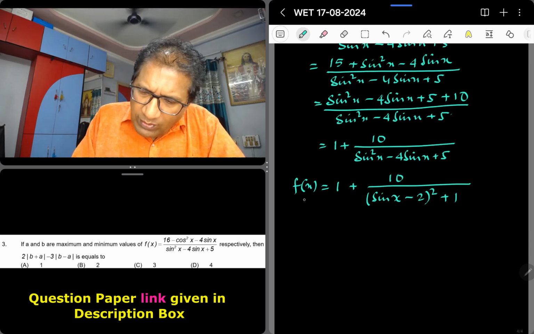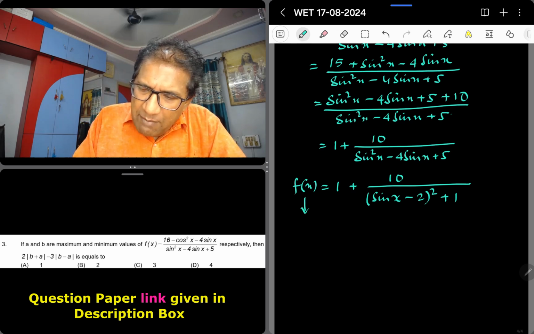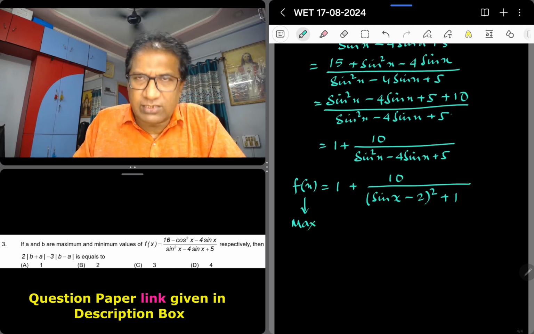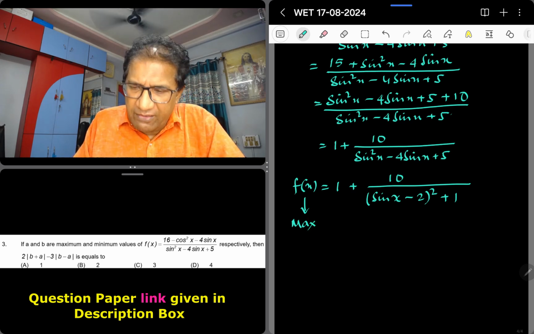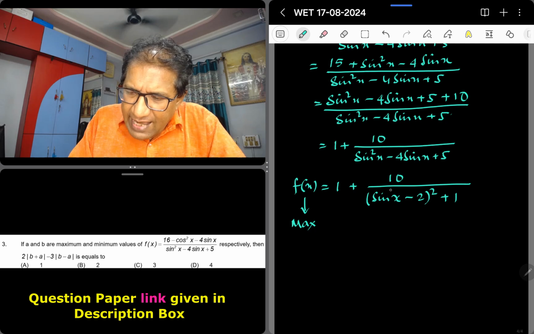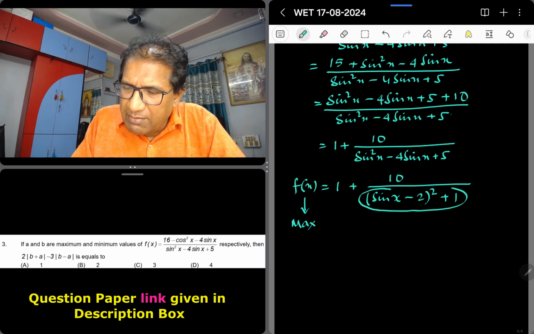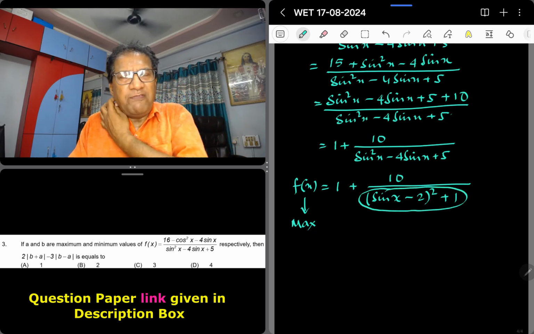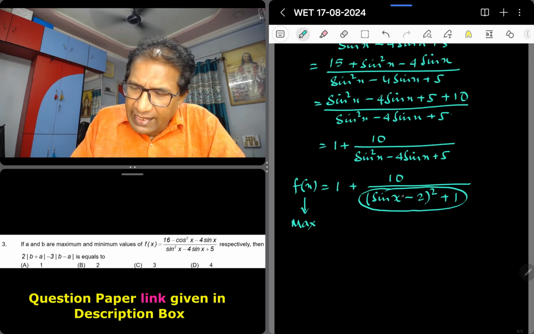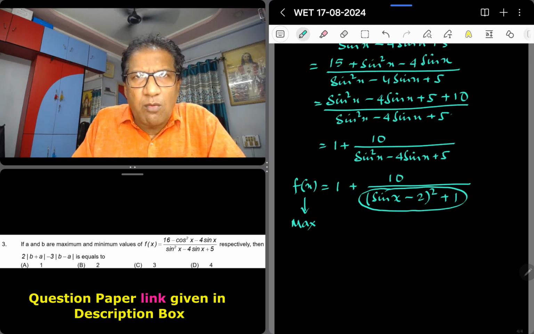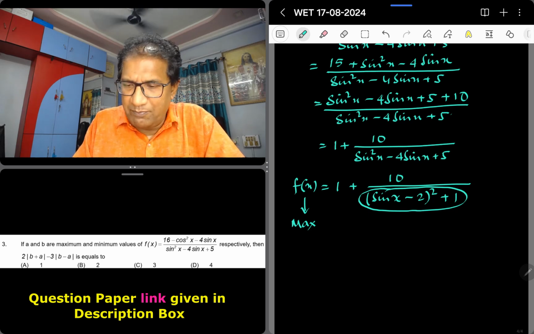Now, to get the maximum value of f(x), this expression has to be minimum. If f(x) is maximum, then the expression in the denominator should be minimum.